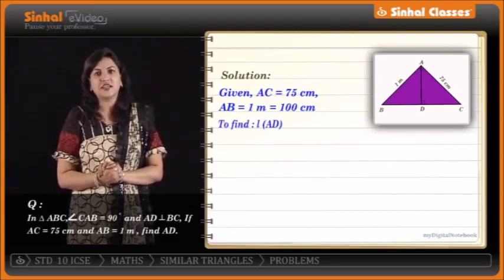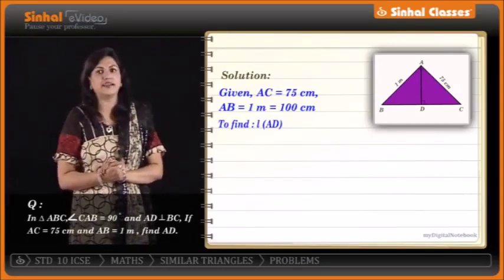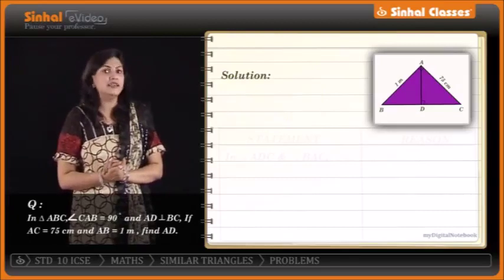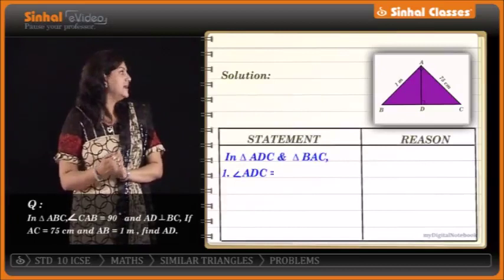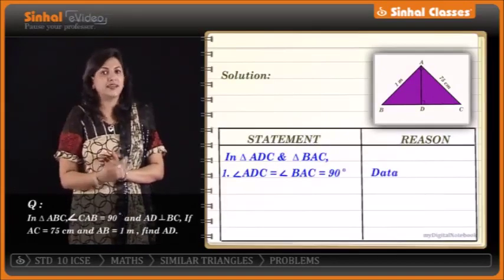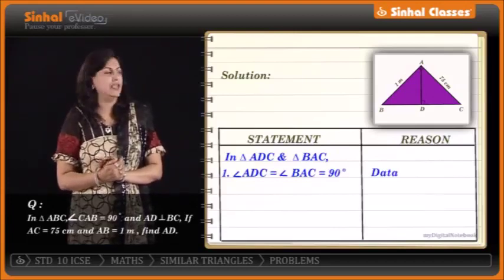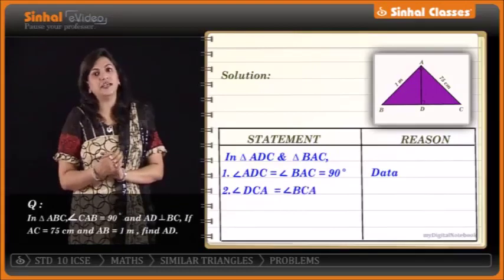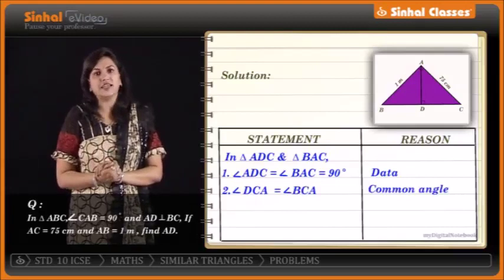So again, obviously we are going to prove two triangles similar. We take the big triangle BAC and triangle ADC. Here we have angle ADC equals angle BAC, which is equal to 90 degrees. That is given to us. Then we have angle DCA equal to angle BCA, which is the common angle. So we have two angles equal, so the triangles are similar.